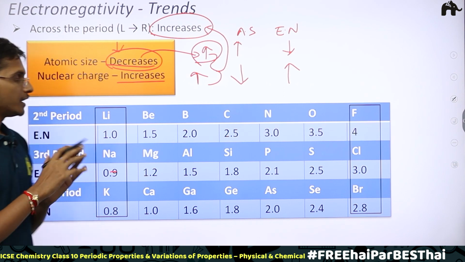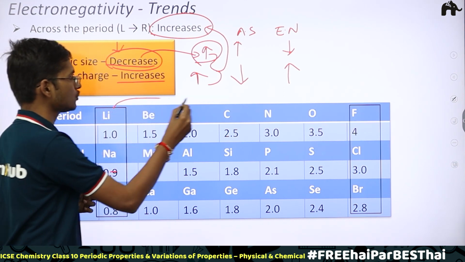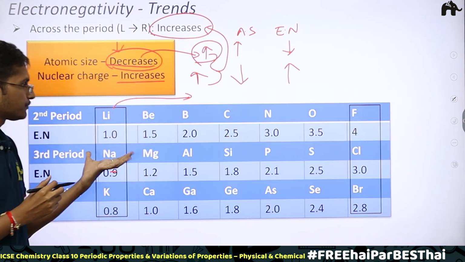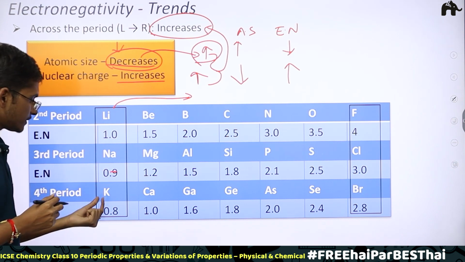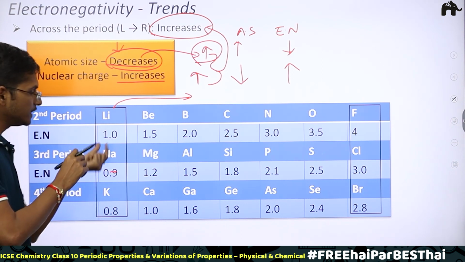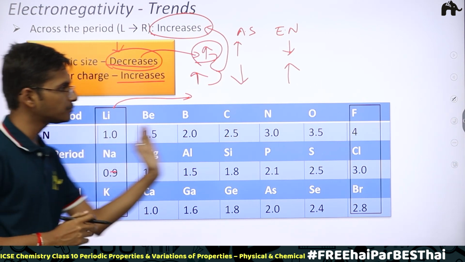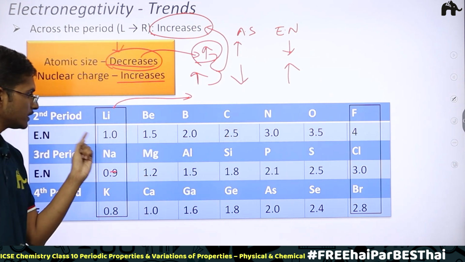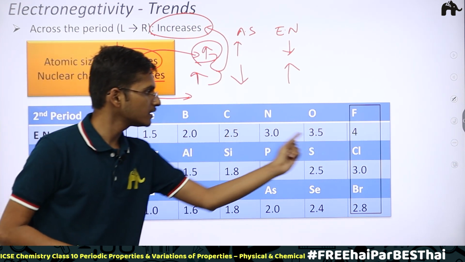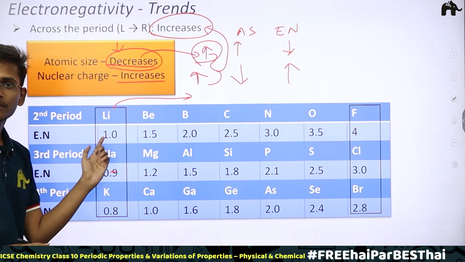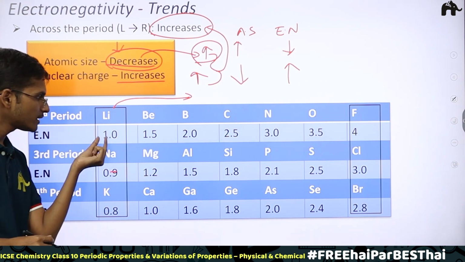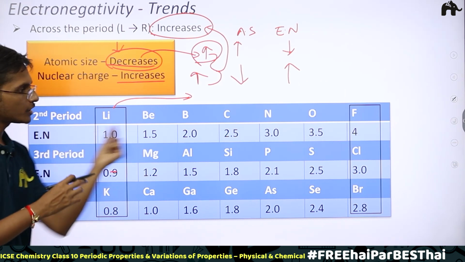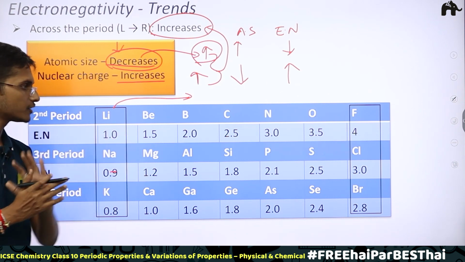Now the interesting thing is, if you have a closer look at this table, lithium, sodium and potassium have the least electronegativity values in their periods. You can see that the value 1 in this entire period is only possessed by lithium, so the least value is possessed by lithium. Below 1 there is no electronegativity value present here.